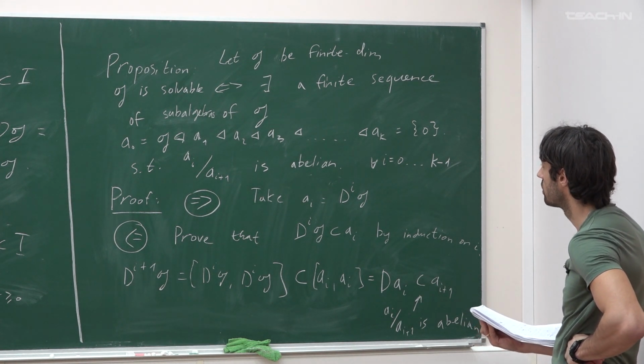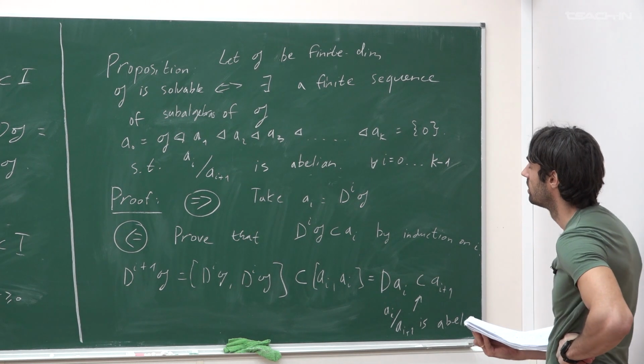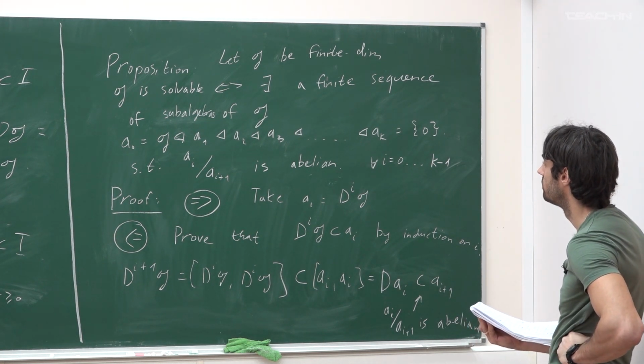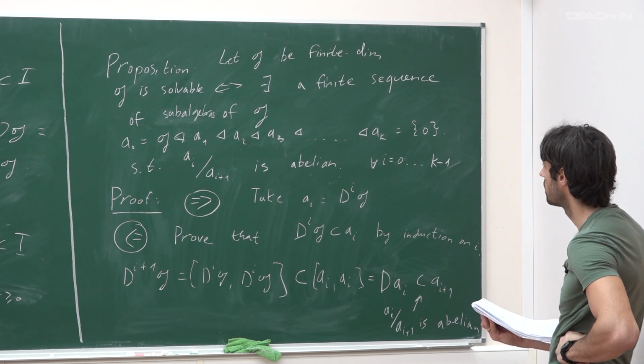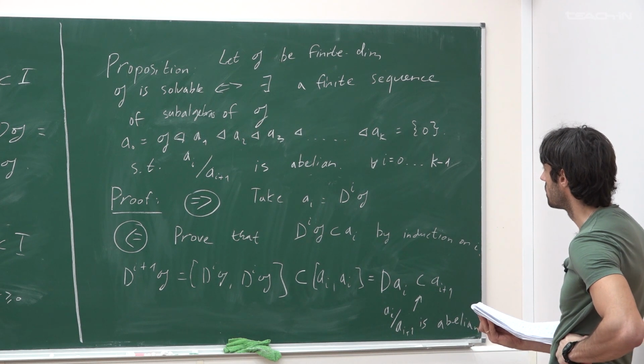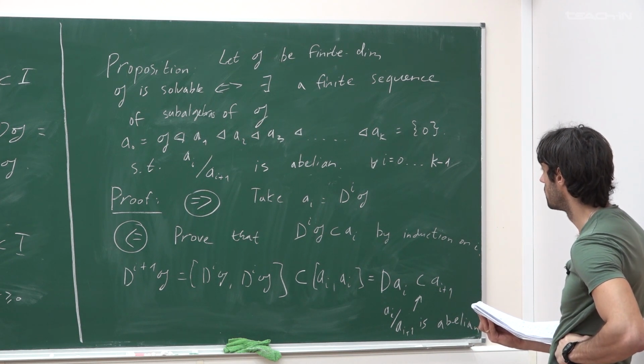So if I erase the first line, I still would like to have a finite sequence of subalgebras such that the quotients are abelian. So I take A_i.